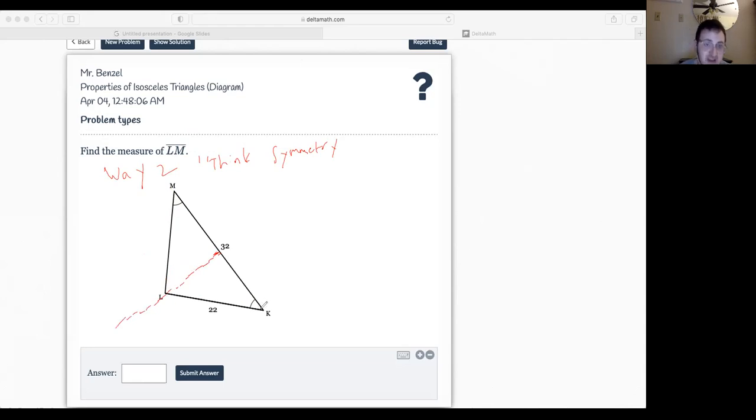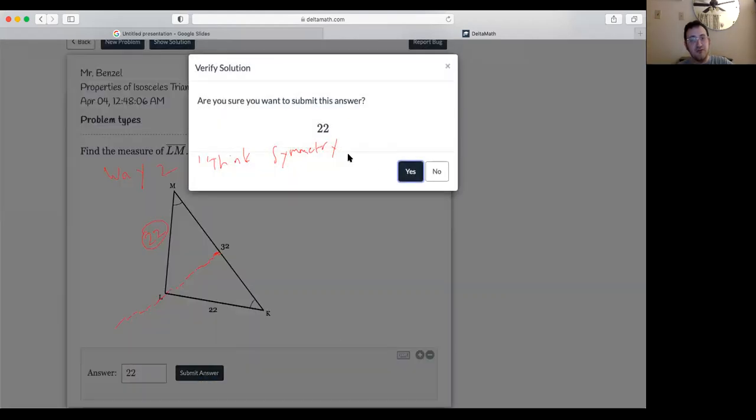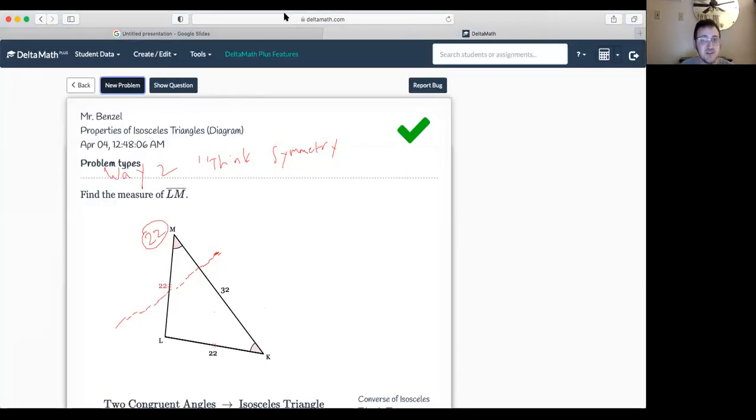And everything mirrors each other. So this 22 is going to mirror the 22. I'm going to put that in for my answer, and we'll check it. And sure enough, we're good.